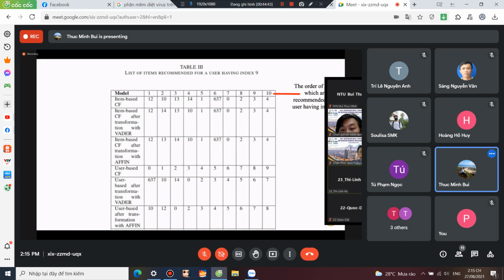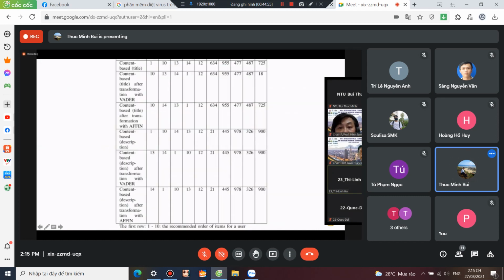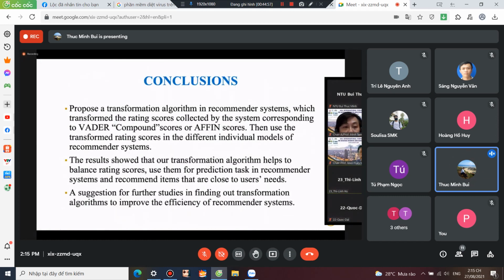In the first row you can see the order of items which are recommended for the user having index 9. In conclusion, we proposed a transformation algorithm in the recommender system which transforms the rating score collected by the system according to either the Vader score or the affine score. Then we use the transformed rating score in the different individual recommender system models.